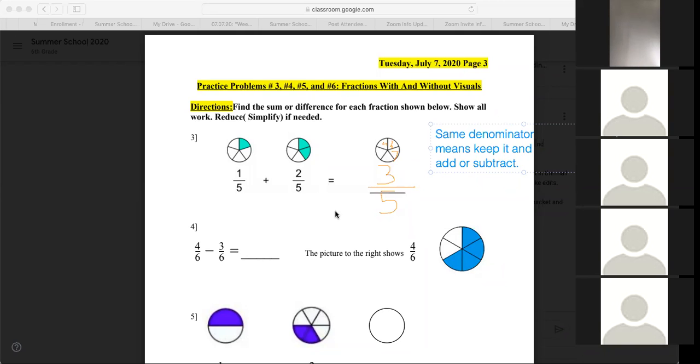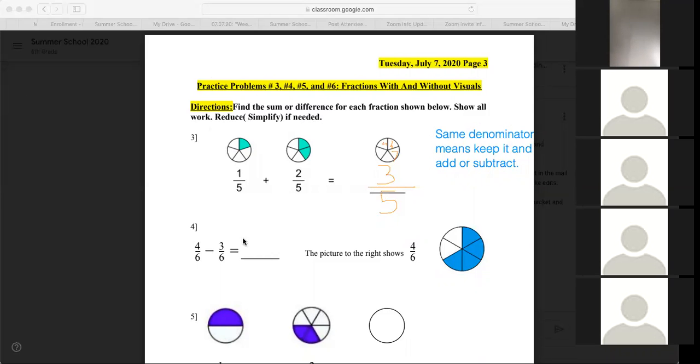Which now means that on number 4, Omar, we're subtracting. So 4/6 minus 3/6 is how much? 1/6. Right. Why is it 1/6 again? Tell everybody.